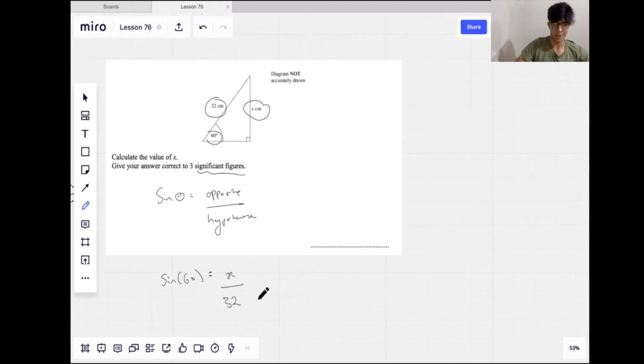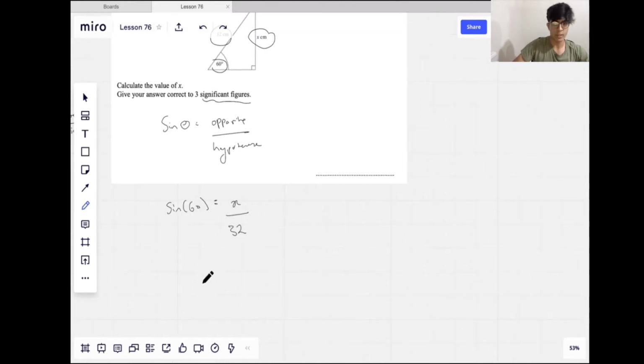And if we rearrange this, we can say x is equal to sine 60, which is a number we can find on our calculator, times by 32. So using our calculator, sine 60 is root 3 over 2, and then we times that by 32, giving 16 root 3. We're asked to calculate this to 3 significant figures, so this is 27.7 to 3 SF.